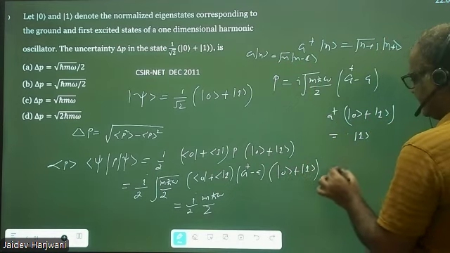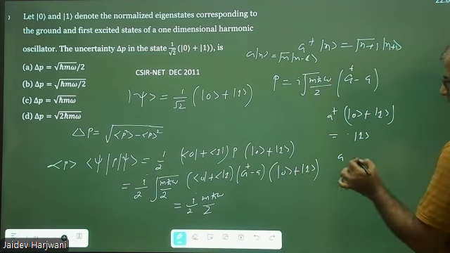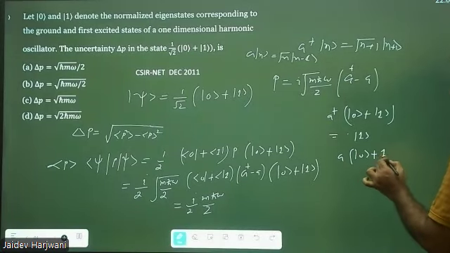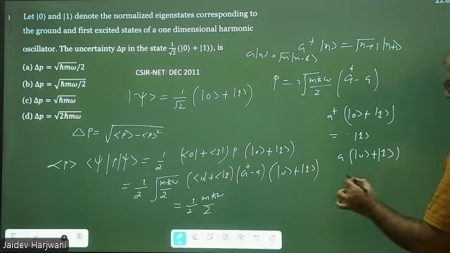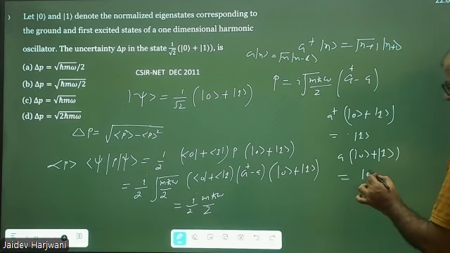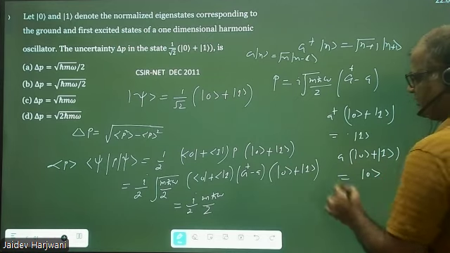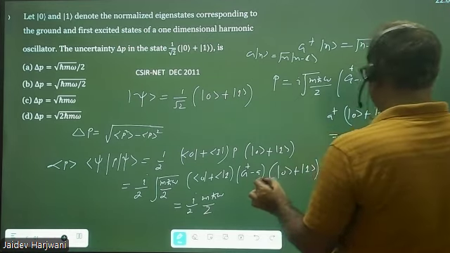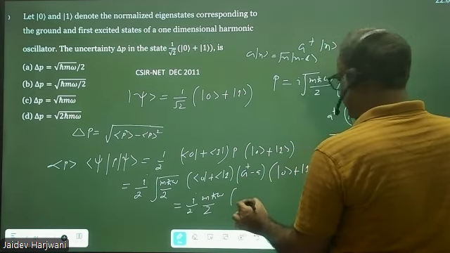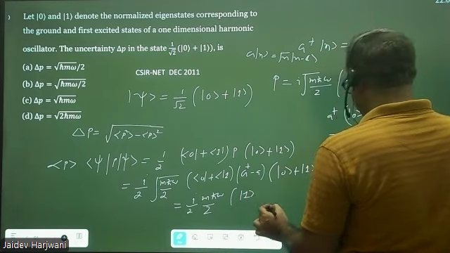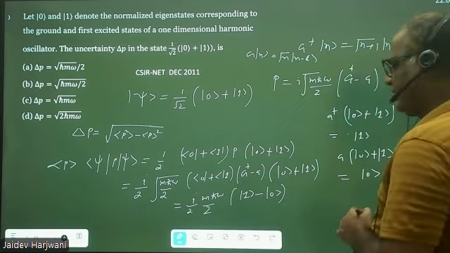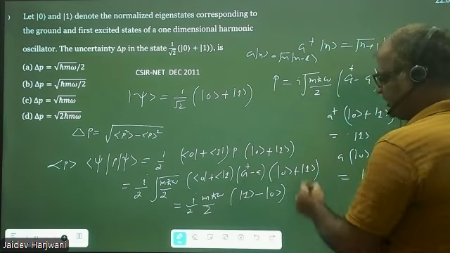And a operates on 1, giving state 0. So now when we operate this one, we will have state 1 and minus state 0.